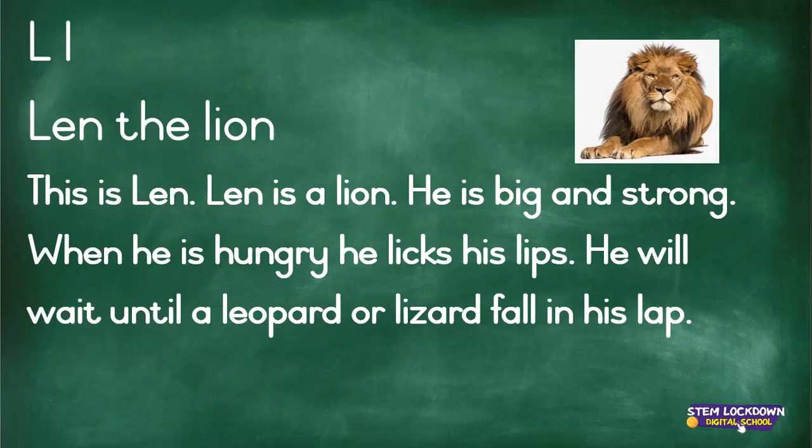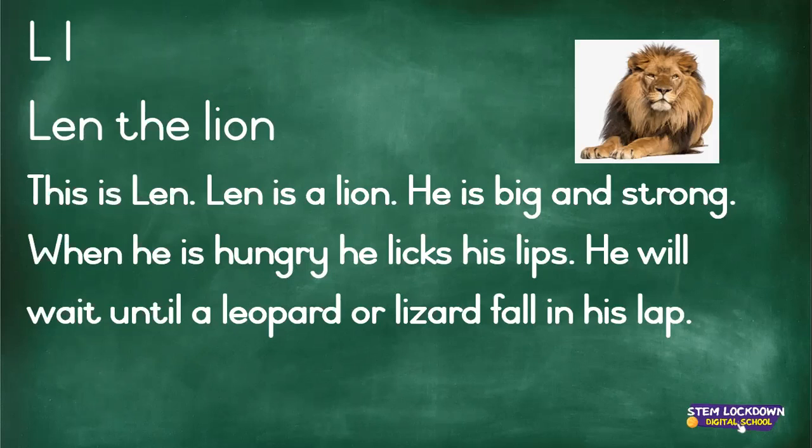When he is hungry, he licks his lips. I sure know that when I look for something nice or I see something nice, I also lick my lips because I already can taste how yummy it is.